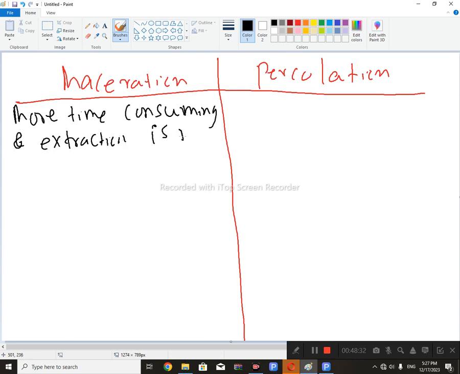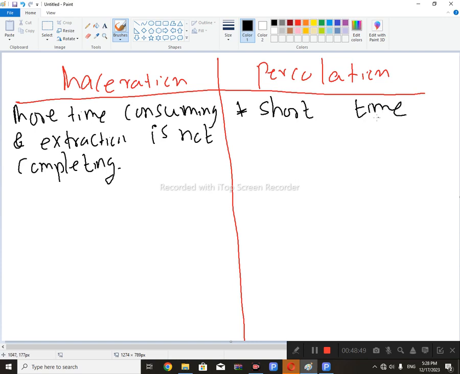Percolation takes a short time and extraction is more complete.